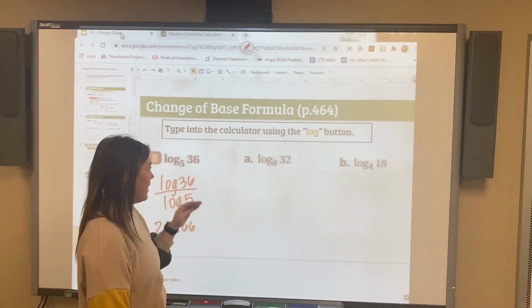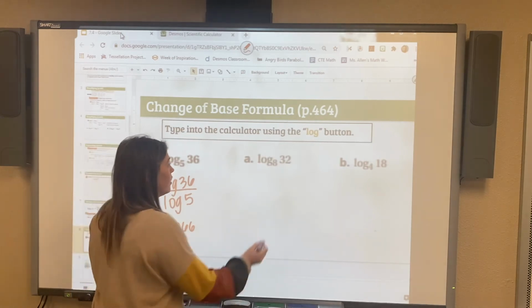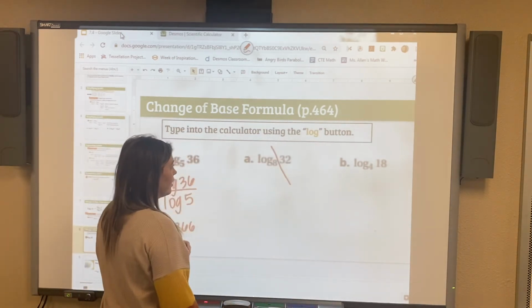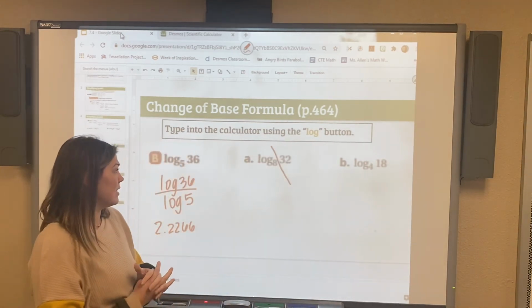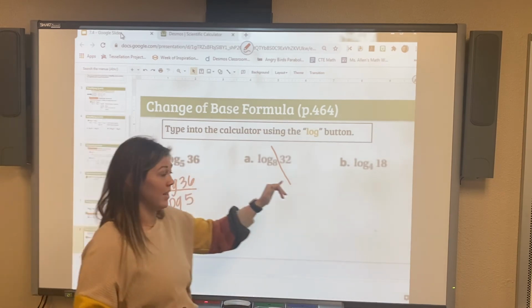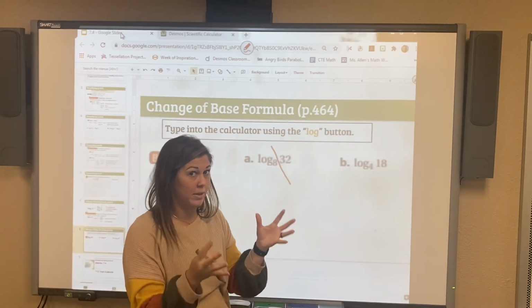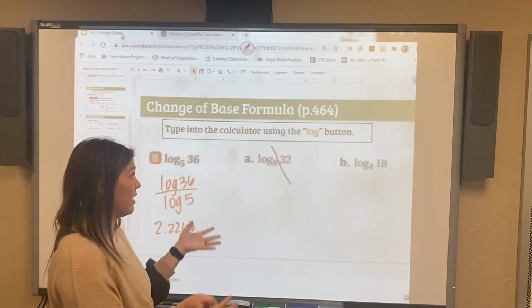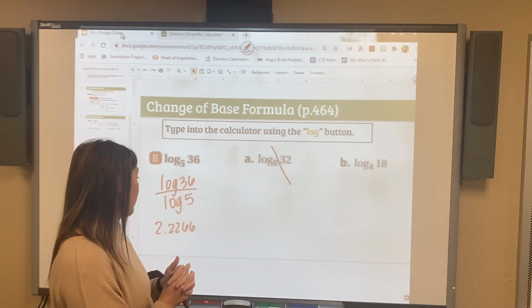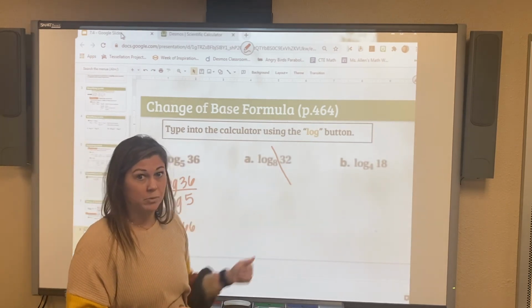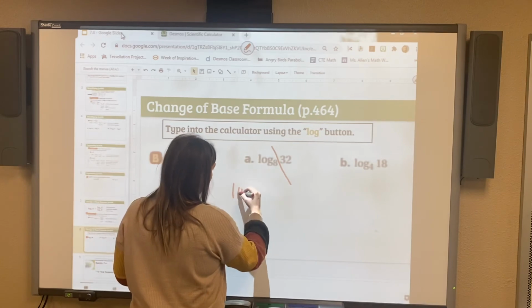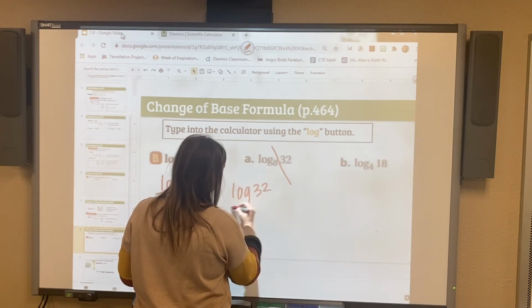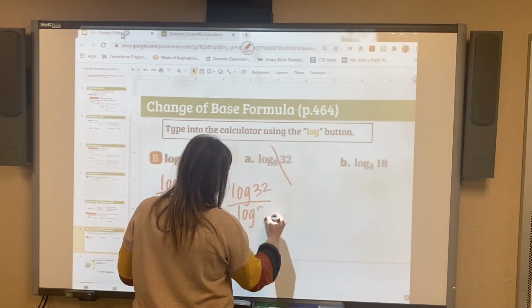Okay, same thing with this one. We have log base 8 of 32. The reason why we're doing this is because these aren't log base 10. Log base 10 is what the calculator can find directly, but if we need to find what the actual number is, this is why we use the change of base formula. So we have log of 32 over log of 8.